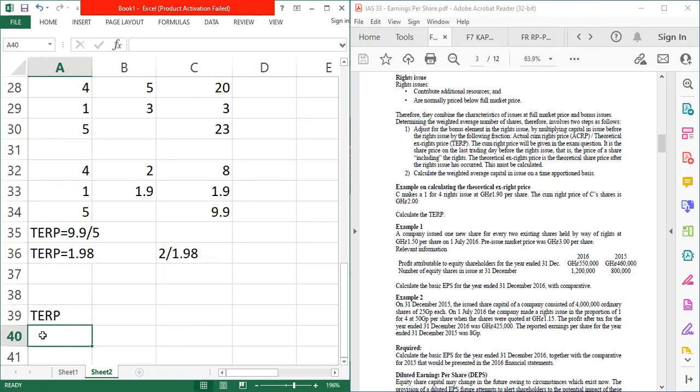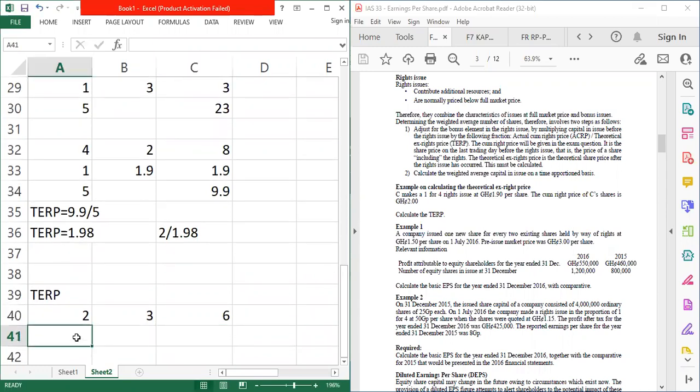How many of our old shares are we bringing? 2. At how much? 3 cedis. So that will give us on total basis 6 cedis. It's not additional, it's multiplication. So how many new shares are we taking? 1.